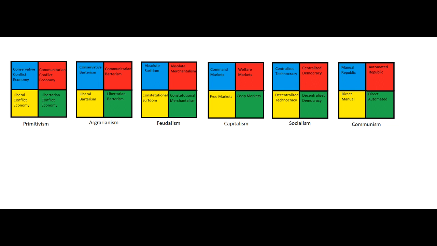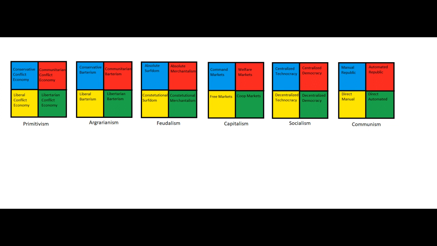That's what makes it blue instead of yellow. But it also is more leaning on hunting than on gathering, which makes it closer to being a wild animal than to being an agrarian society. And so that's what makes it blue instead of red.